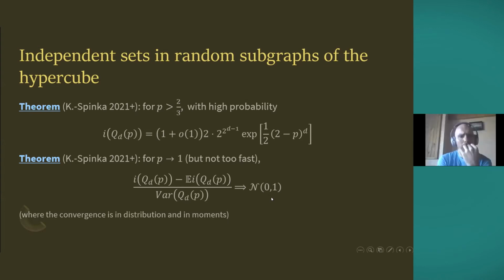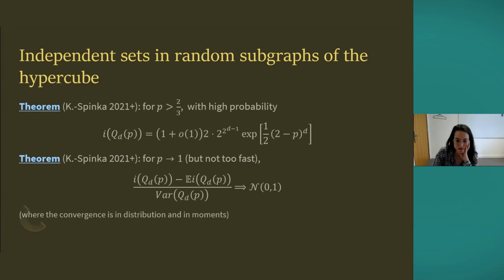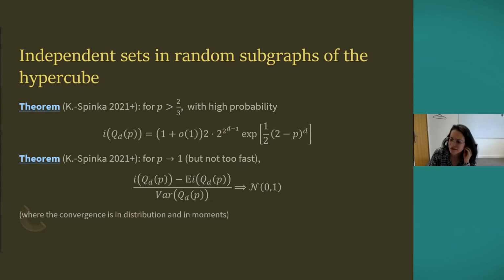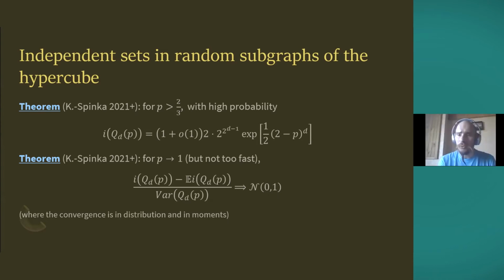And maybe one more question, a side one. Can you remind me what is the p for which we know that the largest independent set is the same? What do you mean the same? The same as in the cube without deleting the edges.